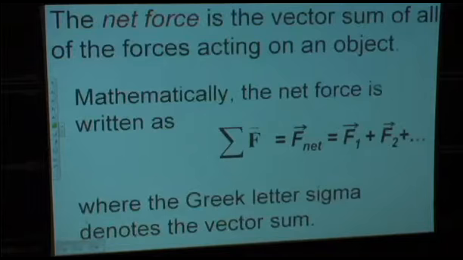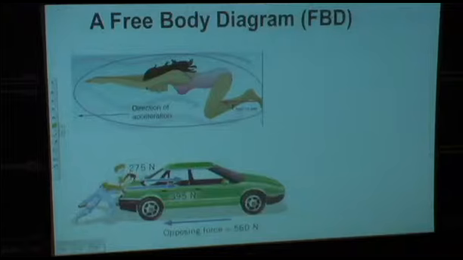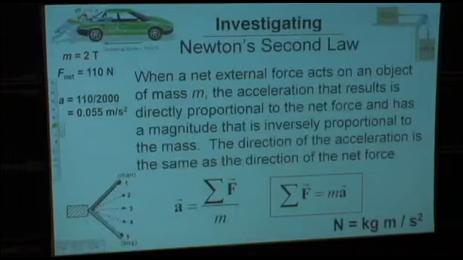But on the other hand, this is another symbol for the net force, Greek capital sigma. On the other hand, the net force is proportional to the acceleration, or acceleration is proportional to the net force.